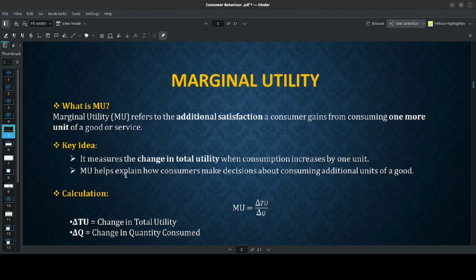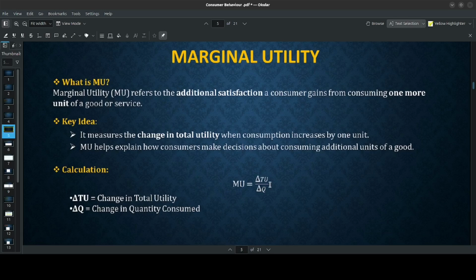Marginal utility helps to explain how consumers make decisions about consuming additional units of goods. Calculation: marginal utility equals change in total utility divided by change in quantity consumed.